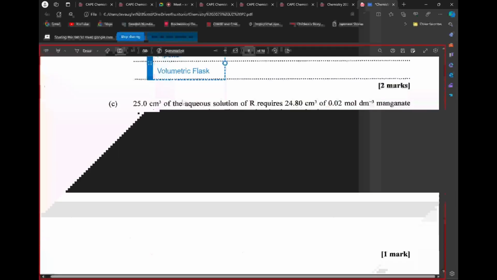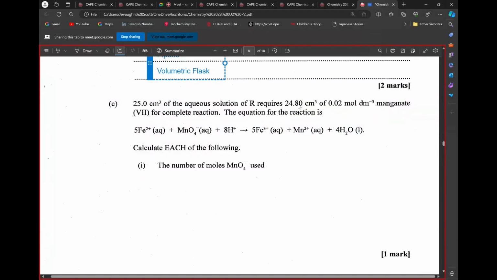25 cm³ of aqueous solution of R requires 24.80 cm³ of 0.02 mol per dm³ permanganate for a complete reaction. The equation is here. Calculate each of the following: the number of moles of permanganate used. How do we do that?